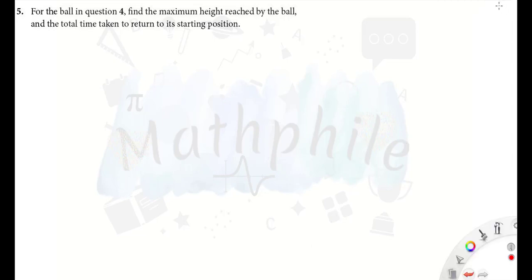Okay, let's see this one. For the ball in question 4, find the maximum height reached by the ball and the total time taken to return to its position. This is interesting.